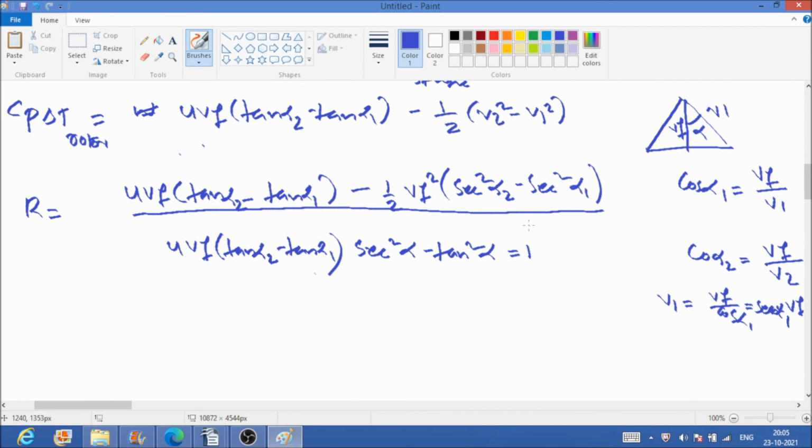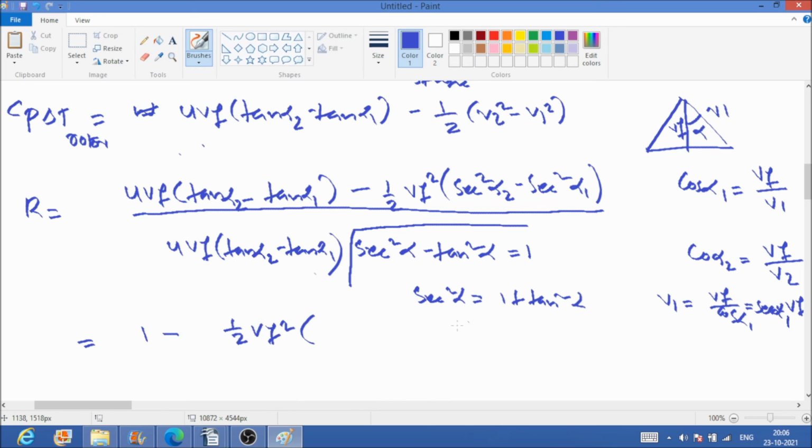So I have this identity: sec square alpha minus tan square alpha is equal to 1. Now here, sec square alpha can be written as 1 plus tan square alpha. So look at here, this is equal to 1 minus 1 by 2 Vf square, and this is 1 plus tan square alpha 2 minus 1 plus tan square alpha 1 in the bracket.